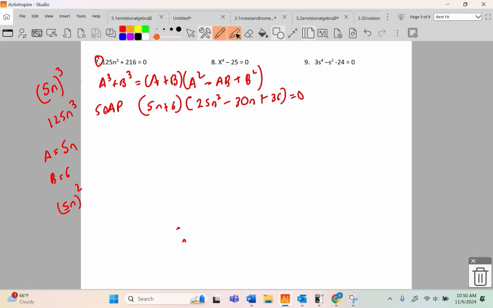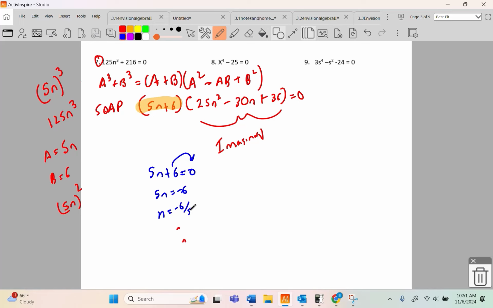And the only piece that matters here, again, is this piece. Why is this piece the only piece that matters? Because it's imaginary. There's nothing real there. So the only factor I care about is 5n plus 6, equal to 0. It's a two-stepper. Subtract 6, then divide by 5, and n is negative 6/5.